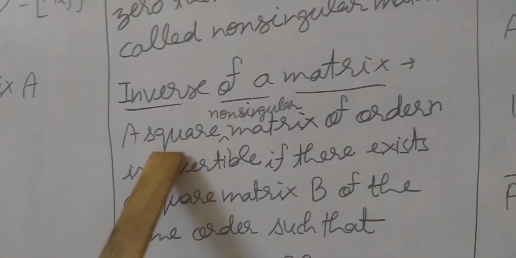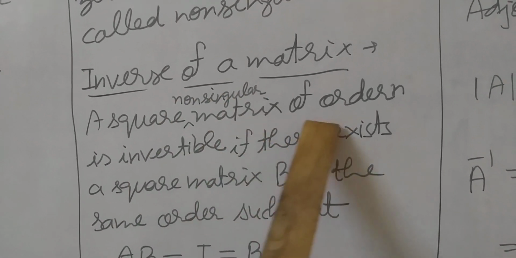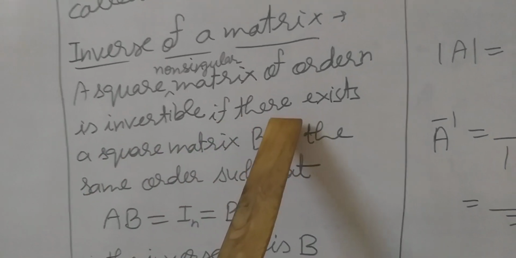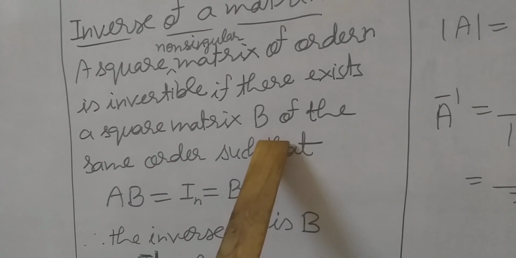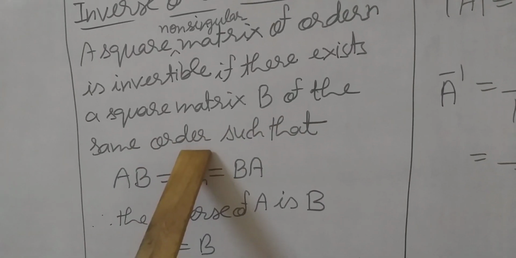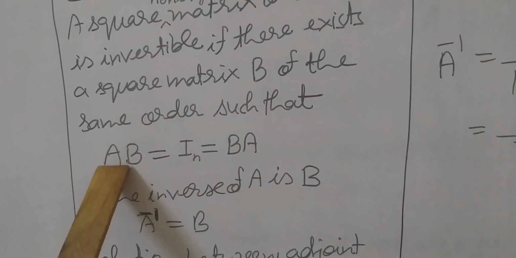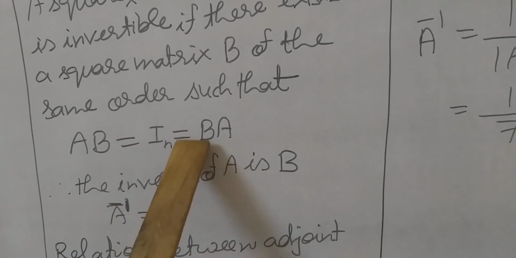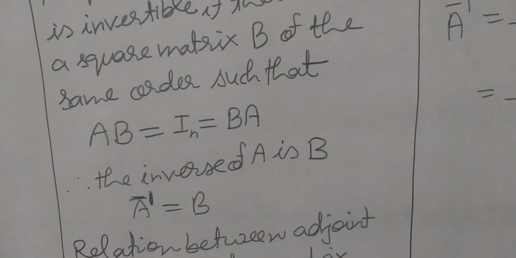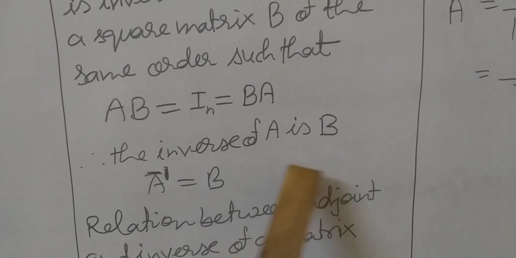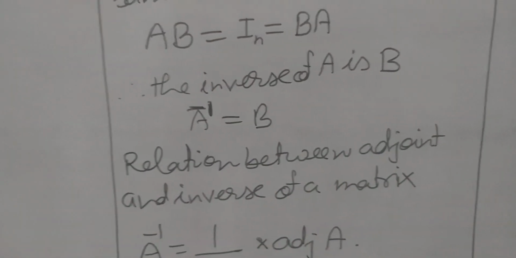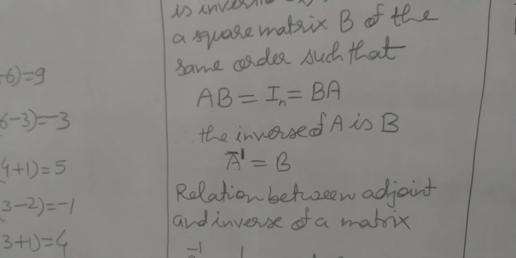Okay, so a square non-singular matrix A of order n is invertible if there exists a square matrix B of the same order such that AB, product of A and B, equals I equals product of B into A. Then inverse of A is B. A inverse equals B. Okay students, so here A is a non-singular matrix.